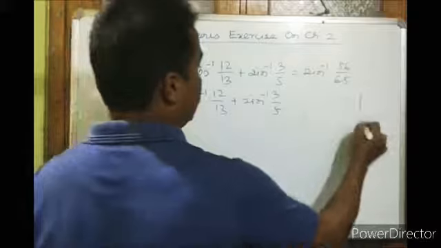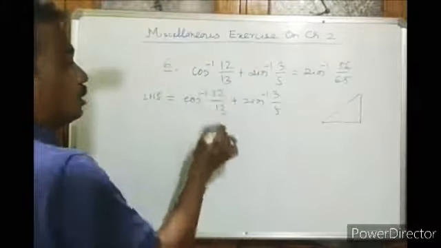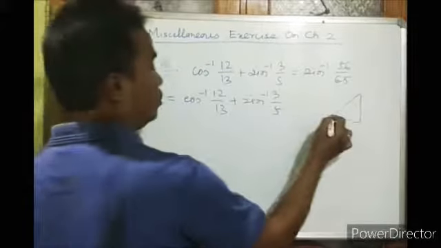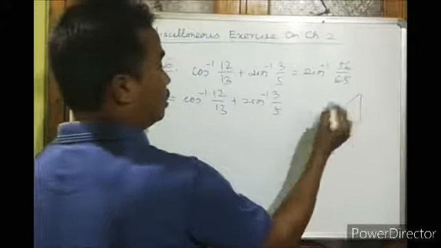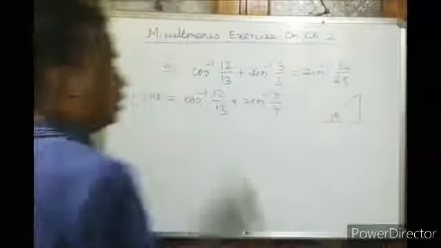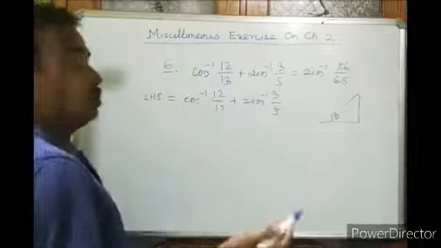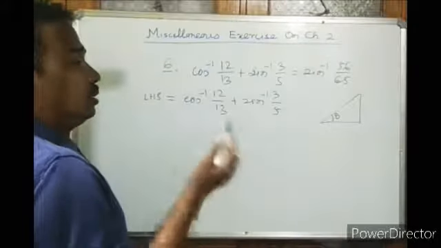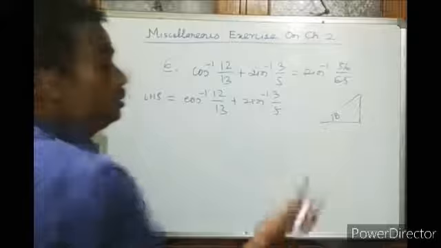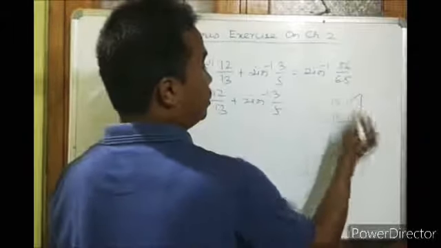Now if we draw the triangle here, cos inverse 12 by 13 means cos theta is equal to 12 by 13. That means 12 is base, 13 is hypotenuse.